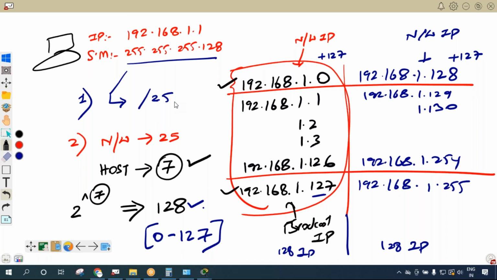But when you went for /25, automatically the network part is 25 bits, 7 bits on the host side, 2 raised to 7 is 128. So your network will have 128 IP addresses. You will have a subnet in which the number of IP addresses will be less, that you can give to a PC or printer. Getting the point?